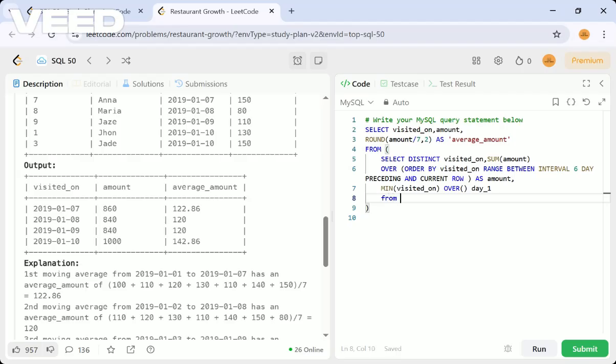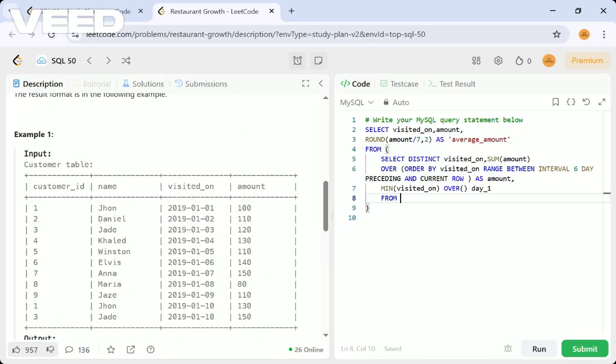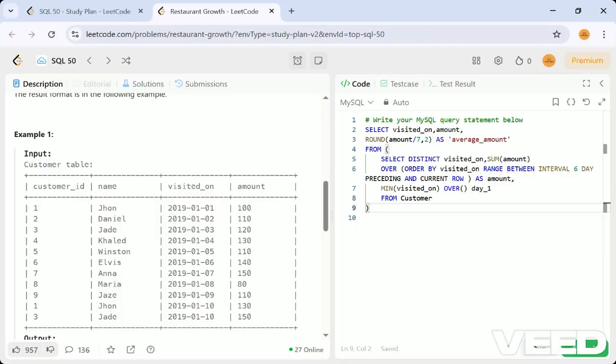All these are taken from which table? We have the customer table. Let me just give an alias name T for this. It is optional, you can have it or not. So now after taking the amount from this, what are the extra things they have added?